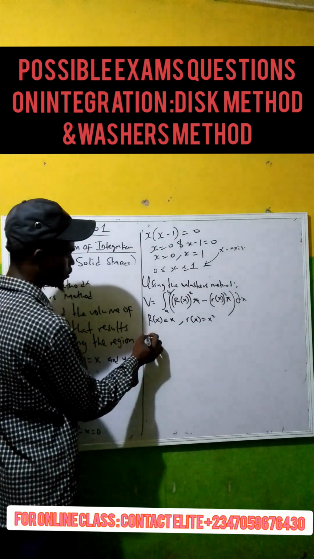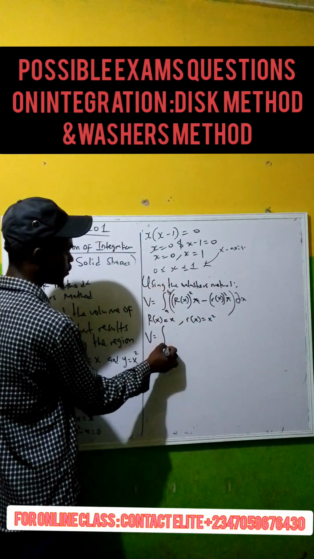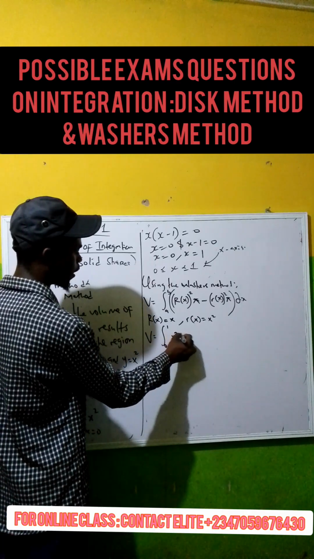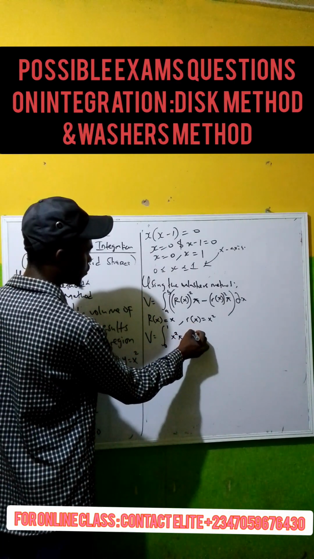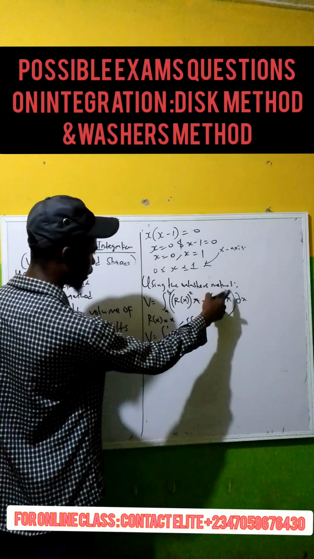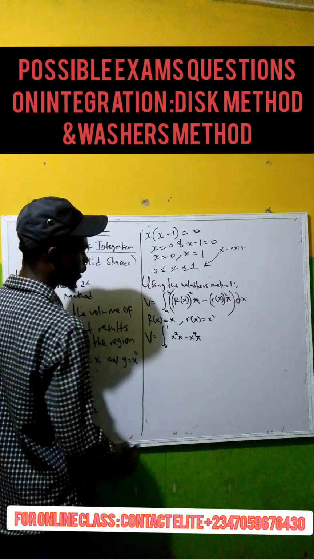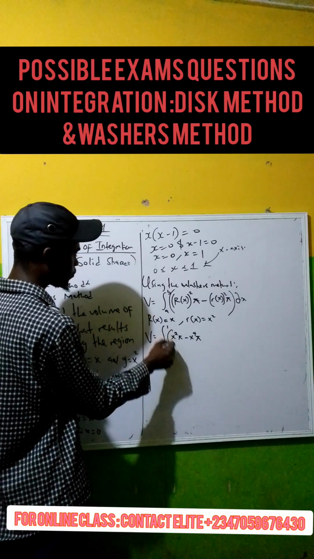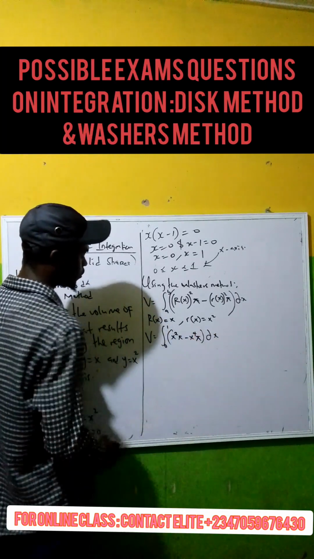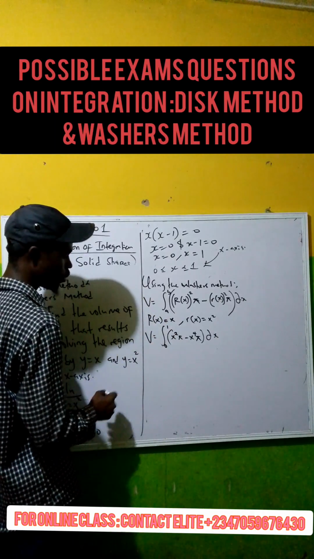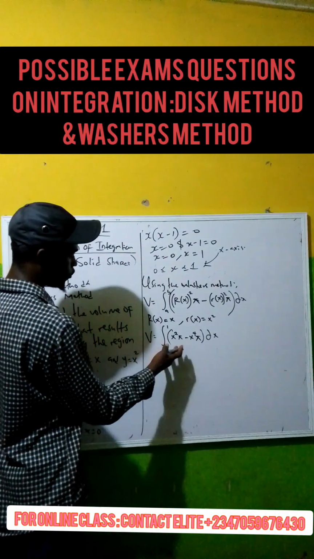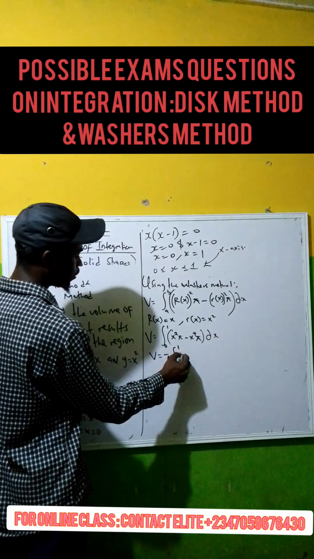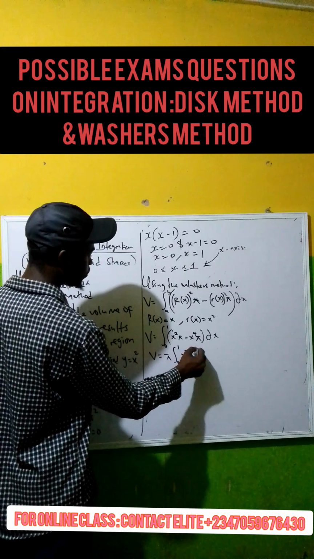So what happens? V is equal to the integral from 0 to 1 of, if you substitute, x squared times pi minus x raised to power 4, since 2 times 2 is 4, times pi. Then we take this pi outside, so V equals pi times the integral from 0 to 1 of x squared minus x raised to power 4.